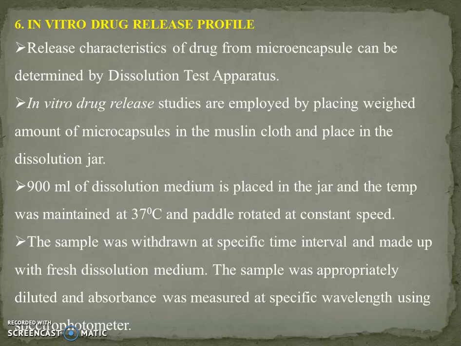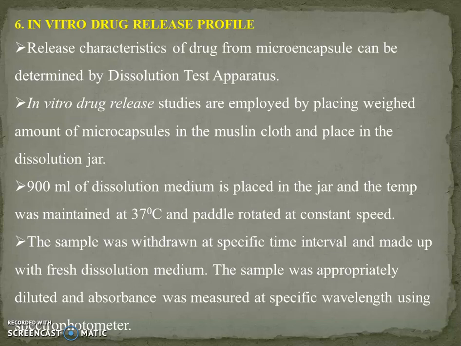900 ml of dissolution medium is placed in the jar, the temperature is maintained at 37 degrees Celsius, and the paddle is rotated at a constant speed. The sample is withdrawn at specific time intervals and made up with fresh dissolution medium.